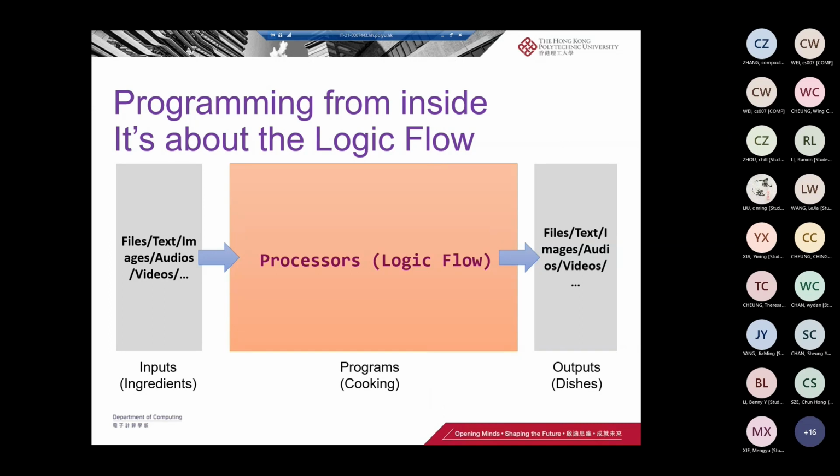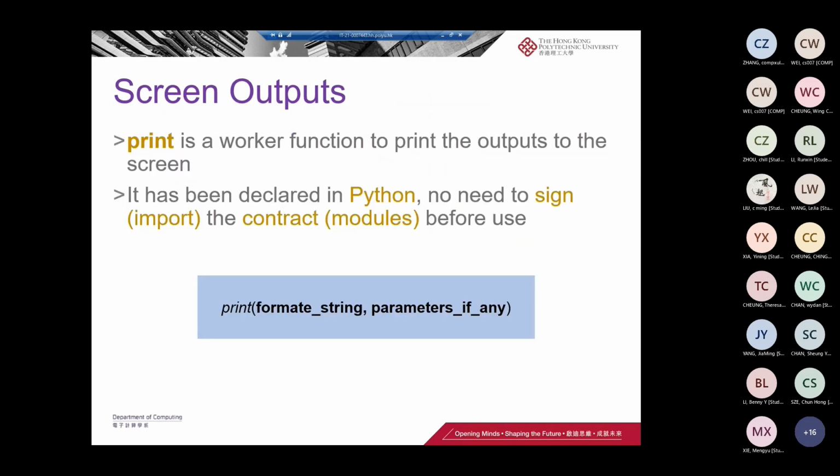Most of the time we're just accepting the input from the keyboard and outputting them to the screen, but it doesn't have to be that way because we can change each component to different stuff, as we demonstrated at the very beginning. But we have to start from something simple here.